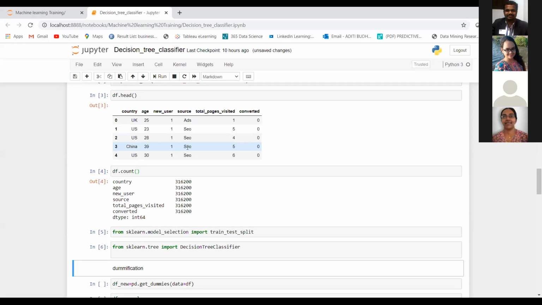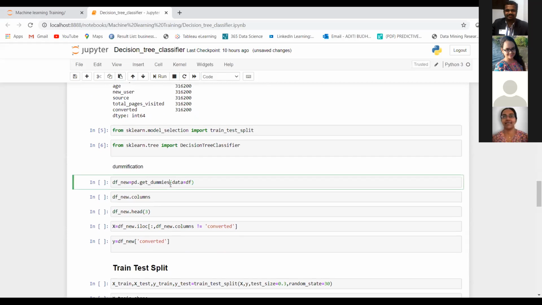Otherwise our model will not be able to use this. It will just reject these columns, because when we use text, our model will not understand that. Machine learning is all about numbers. So even when we have categorical data, we should first convert it into numeric.